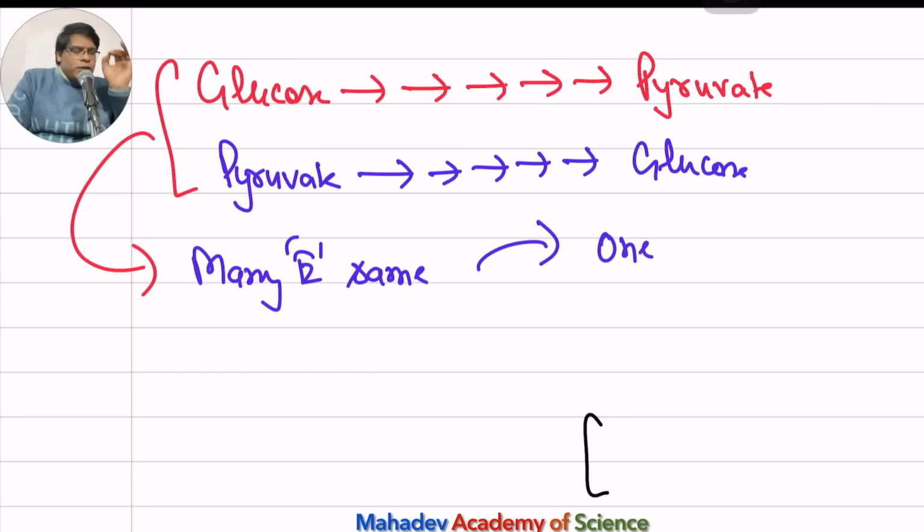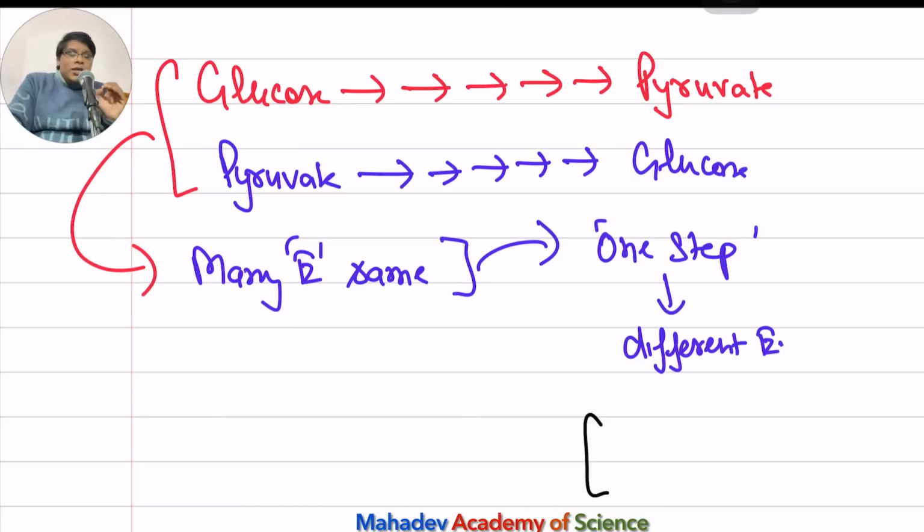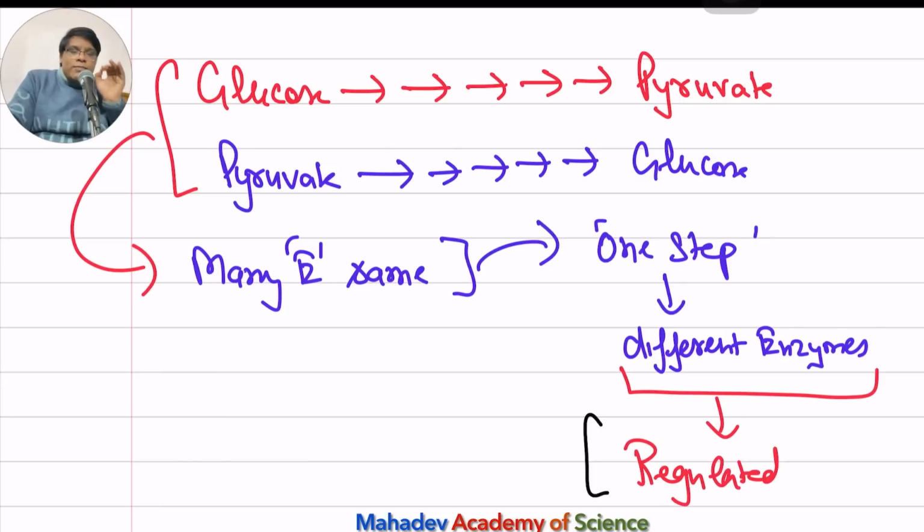Important point, keep in mind: yes, many of the steps are the same, but one or a few of the steps are controlled by a different enzyme, and these steps controlled by different enzymes are regulated differentially.